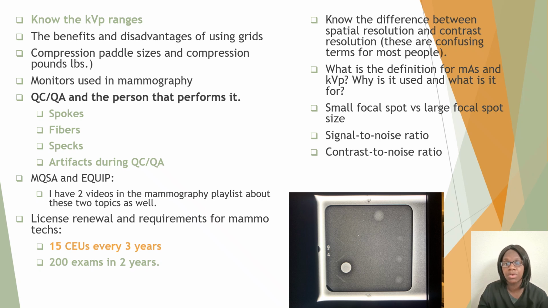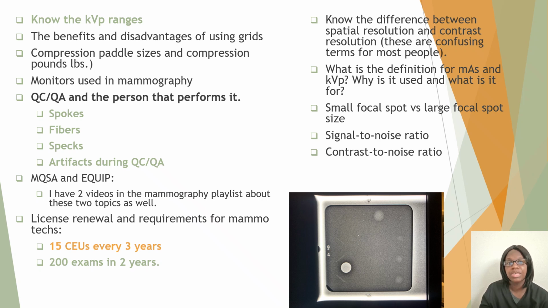But you do need to know, because worst case scenario, what if AEC has failed that day and it's not working properly? I do see, not all the time, but when I was trained, there was someone who adjusted their KVP based off implant patients. So you do need to know your KVP ranges.